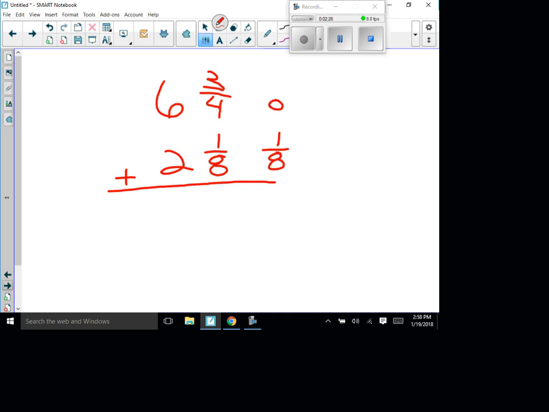So we go 8 here. That's times 2, times 2. That's 6/8 plus 1/8. We have 7/8. And then 6 plus 2 is 8. 8 7/8 is your answer. It's already reduced. You don't have to worry about it right there. Okay? Hopefully this isn't too crazy for you.